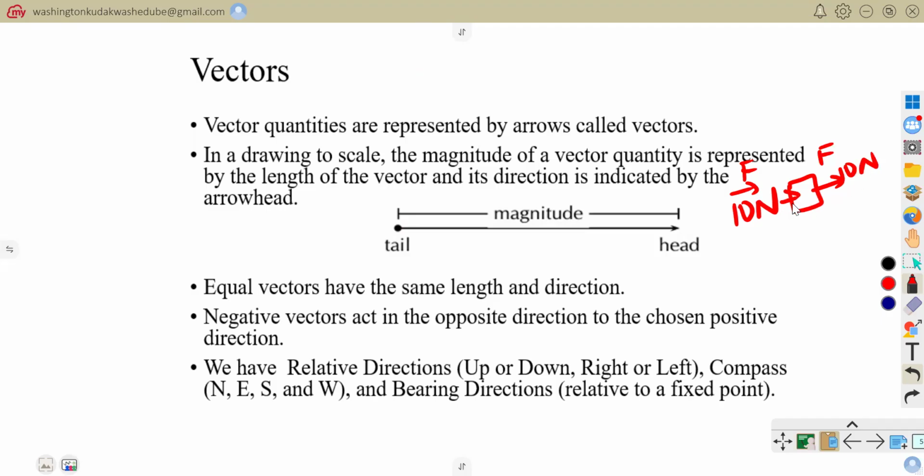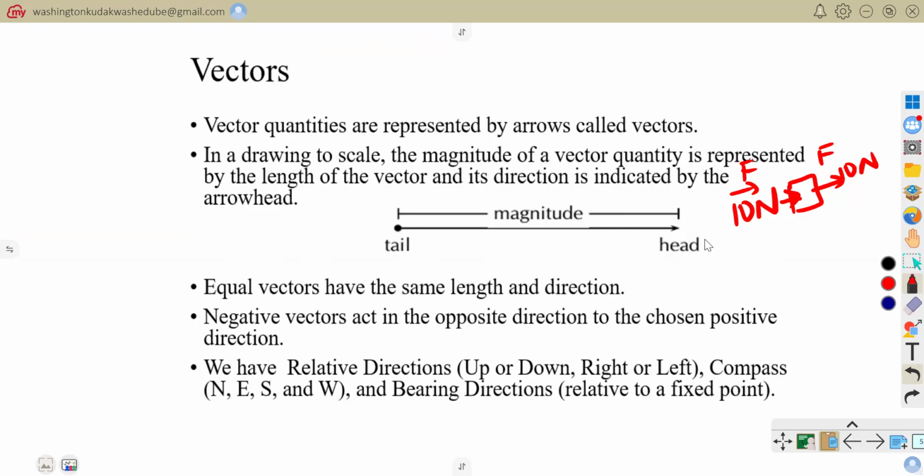These are equal vectors. How do we represent equal vectors? Using this notation, you will see that equal vectors have the same length and also the same direction. As long as the arrows have the same length and point in the same direction, that is what we refer to as equal vectors.